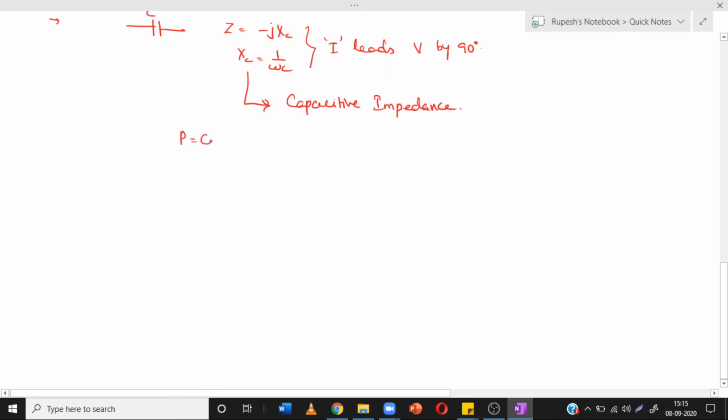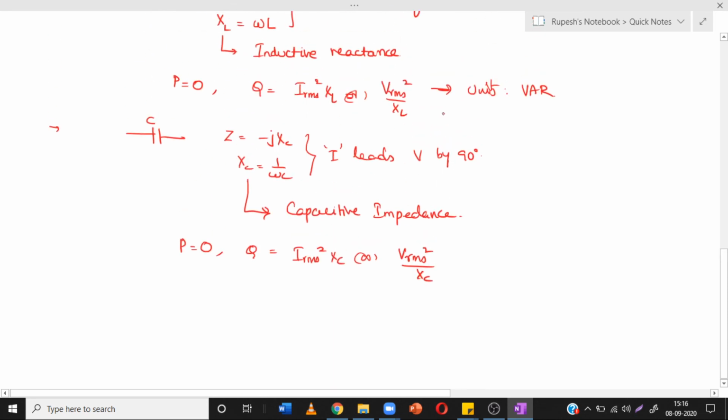The real power to the capacitor is 0, and the reactive power is I RMS square into XC, or V RMS square by XC. Same. So if you consider the above inductor case and the capacitor case, the formula remains almost the same. Okay, let us move forward.